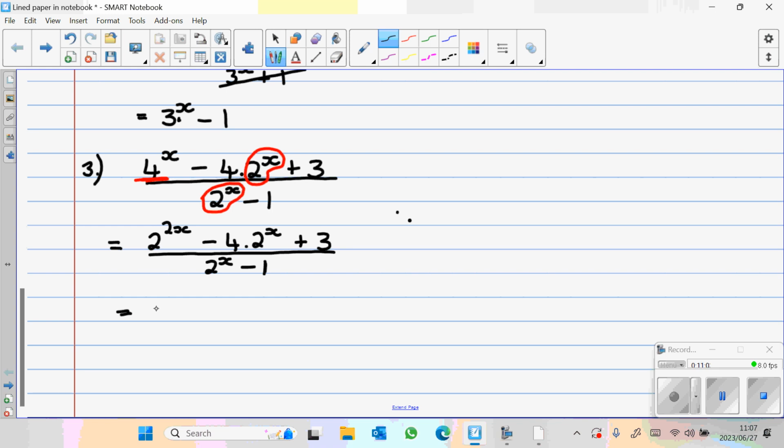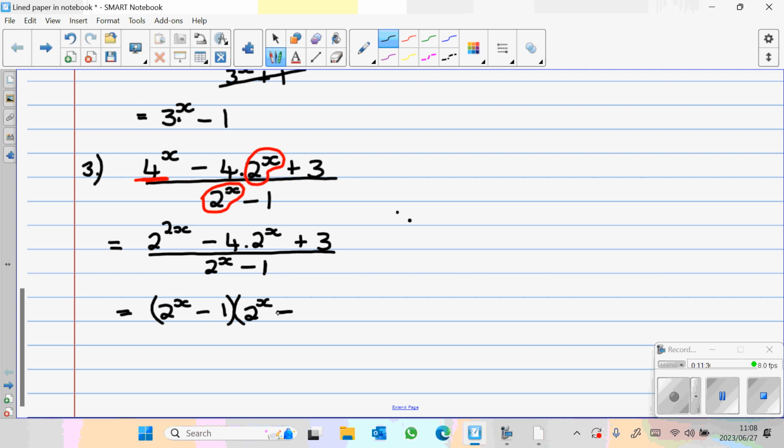So I know one of the brackets at the top is going to be 2 to the power x minus 1, because that's a bracket that I have underneath. So the other one must also be 2 to the power x in order to get 2 to the power of 2x. That plus in front of the 3 indicates that the signs are the same, so I'm going to have minus.